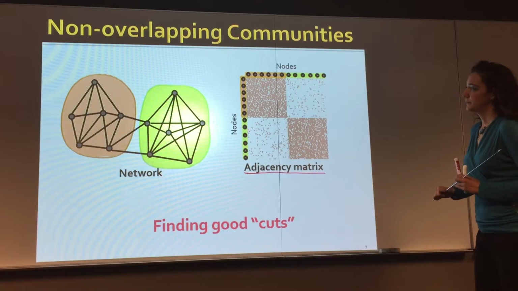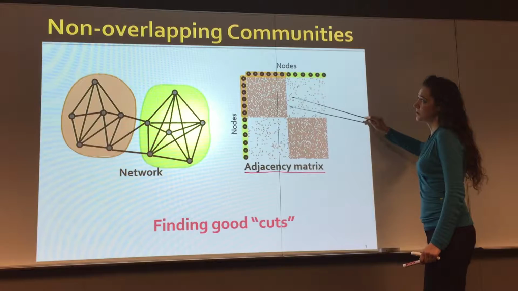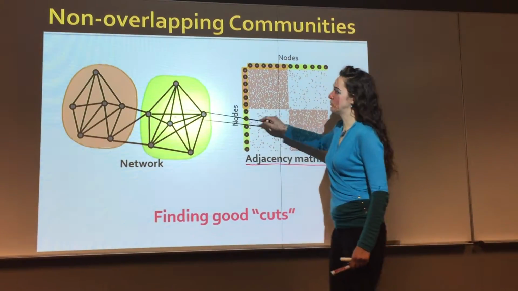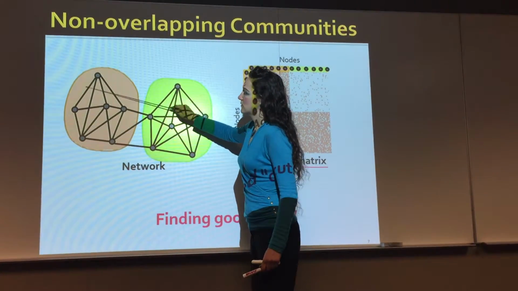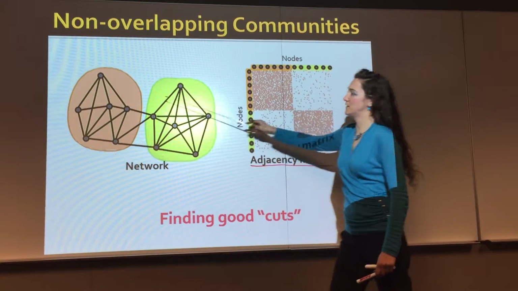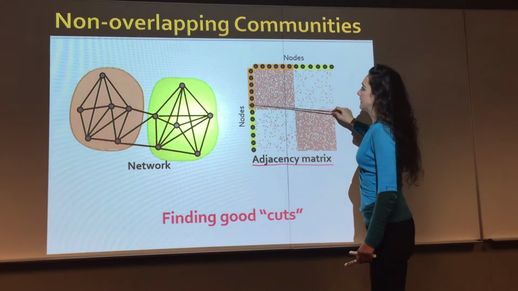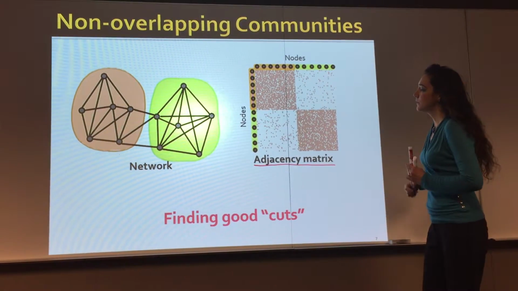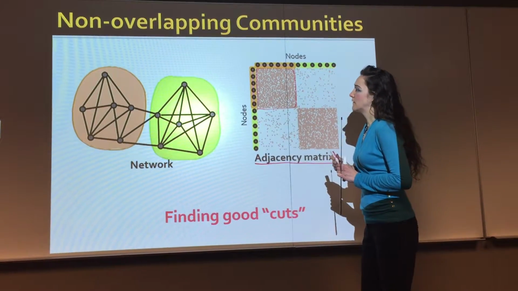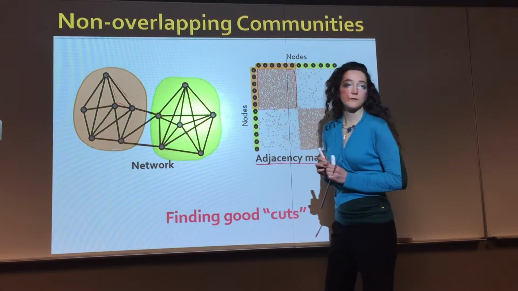So all the nodes will be shown on the left and on the top, each with each. For example, you see that the nodes in this dark orange color are the ones in the left cluster. They heavily link to each other. So this darker shaded area is showing that there are a lot of links between the objects in this cluster.